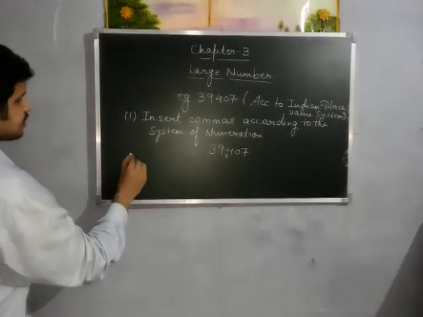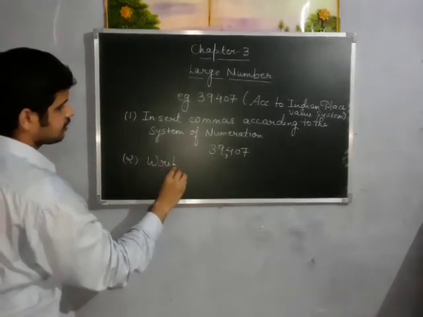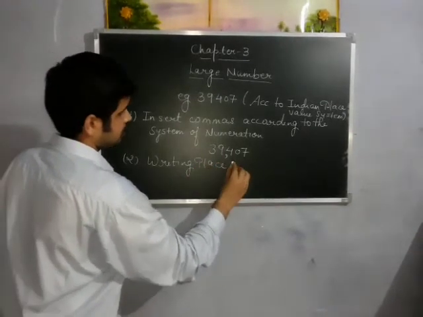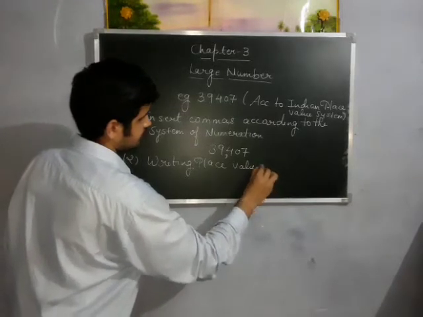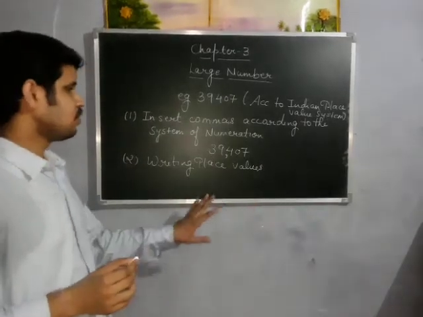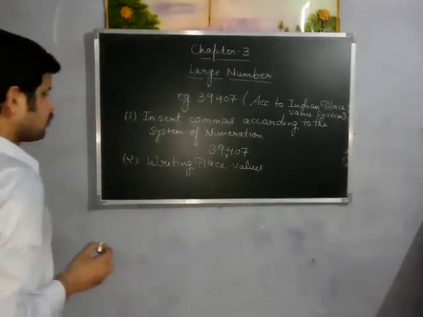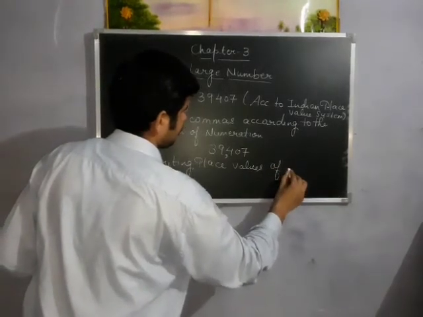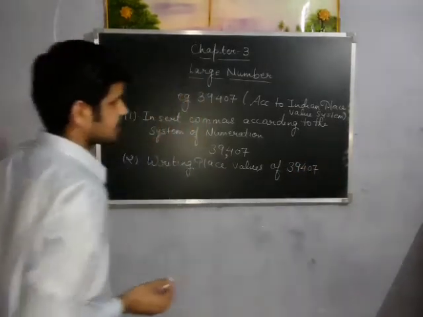Now the second step is writing place values. In this video I am again discussing all the things that we discussed in the last video, so that other students can also understand it carefully. So writing place values of 39407, this is the number.